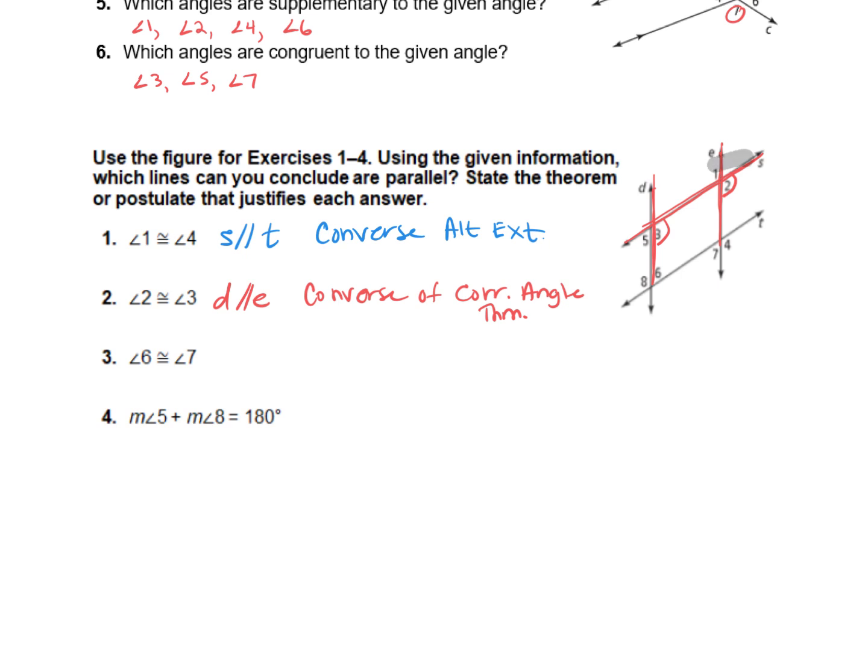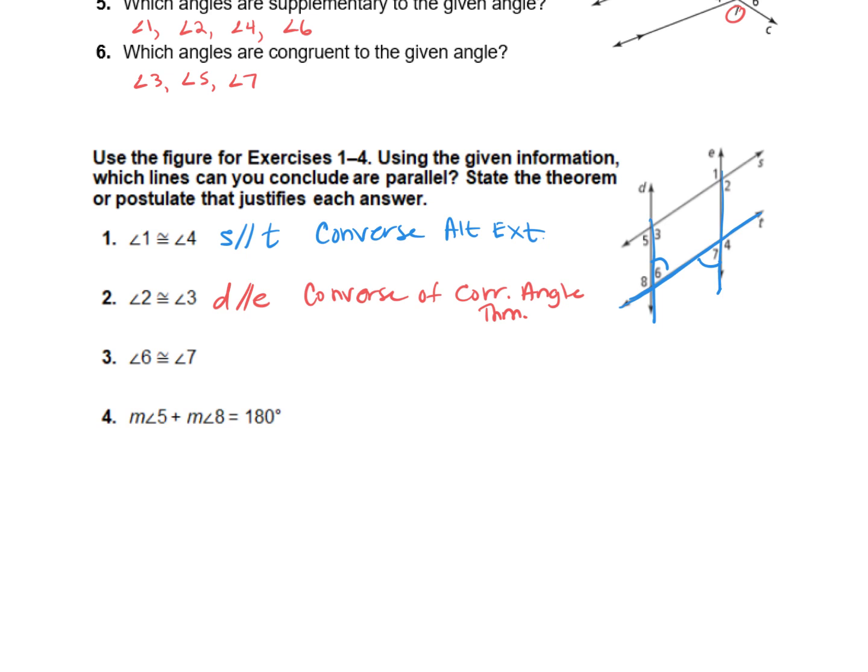All right, 6 and 7. Let's find 6 and 7. If 6 is congruent to 7, here's angle 6, here's angle 7. Again, find the line that connects them. That's your transversal, which means our parallel lines will form the other side of that angle.